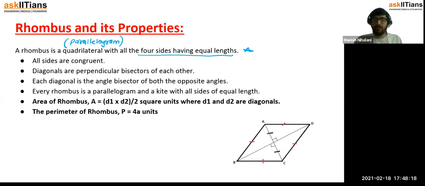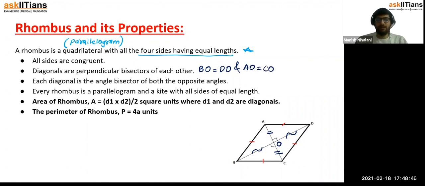That is, they bisect each other at right angles. If you recall, the same property was true in rectangles or in squares also, right? Which means BO is equal to DO and AO is equal to CO. These are the important results.